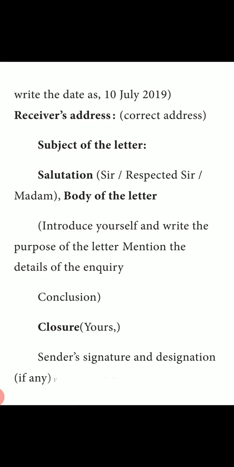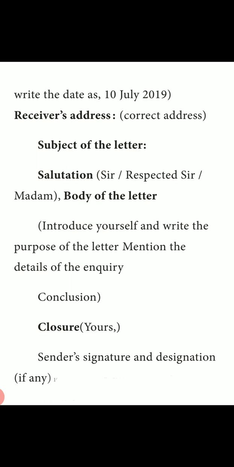Then closure. Yours, likewise thanking you. And my dear children, in yours you should not put apostrophe. That is wrong. Here yours, Y-O-U-R-S. Then comma. Then complimentary clause means thank you. Then only you want to write yours sincerely, truthfully, truly.